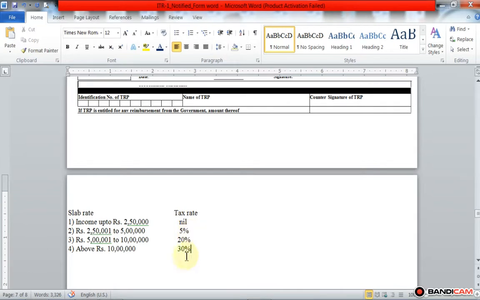So this is the slab rate, and according to this slab rate we compute the tax on total income.